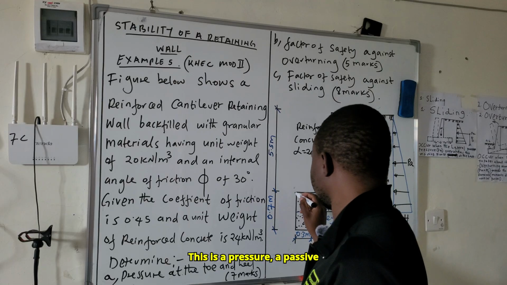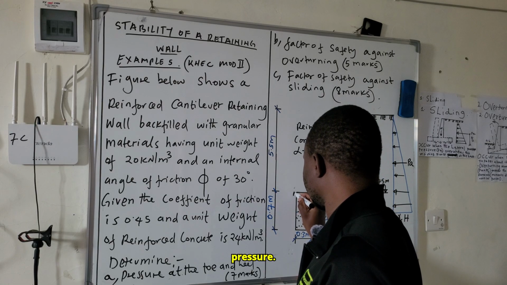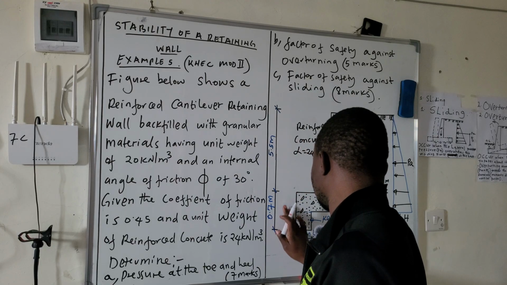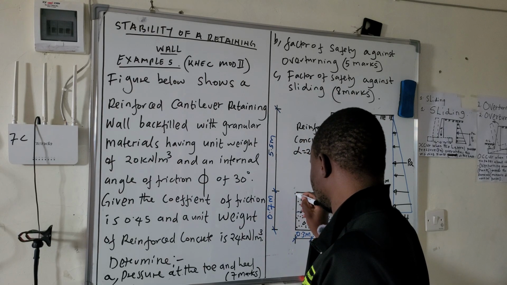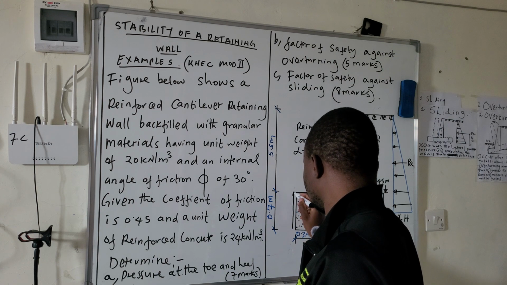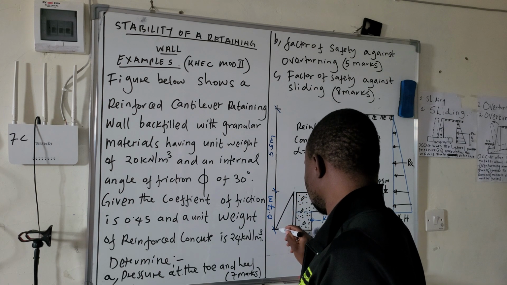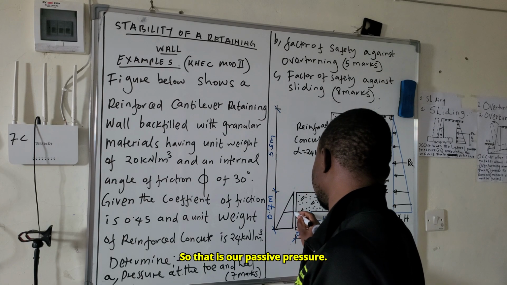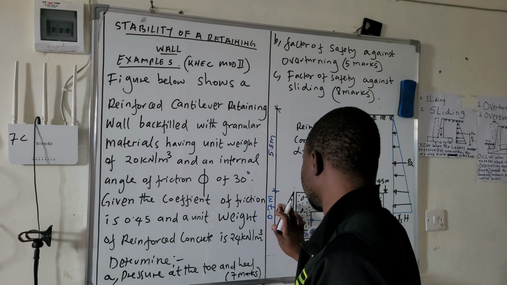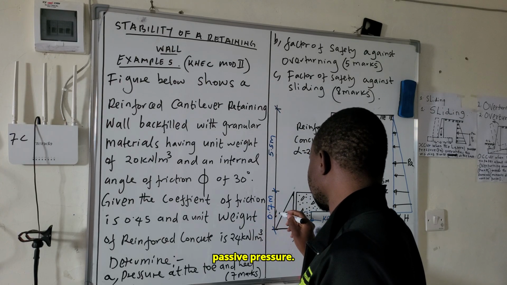We also have another pressure. This is a passive pressure. So that is a passive pressure. You call it PP, passive pressure.